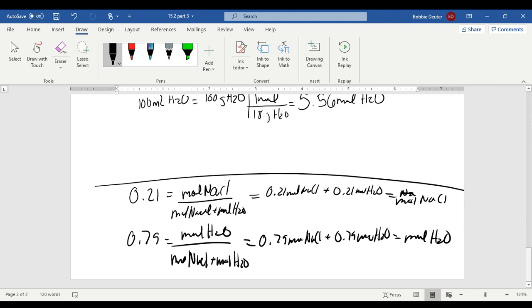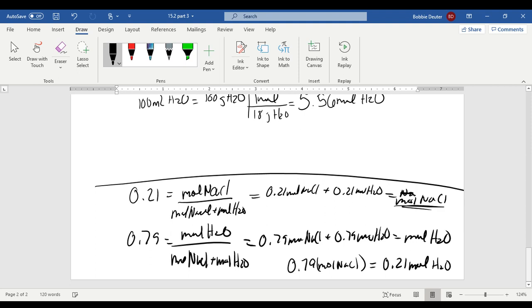Because they're proportional to each other, we can rework this whole problem, and then we can figure out that we can combine this and eliminate things to end up with 0.79 moles of NaCl is set equal to 0.21 moles of H2O. So basically what I did is I took this and I substituted it in.